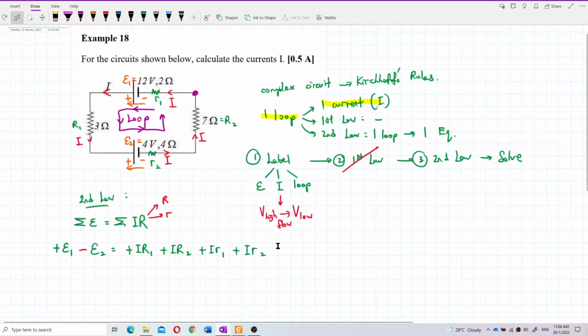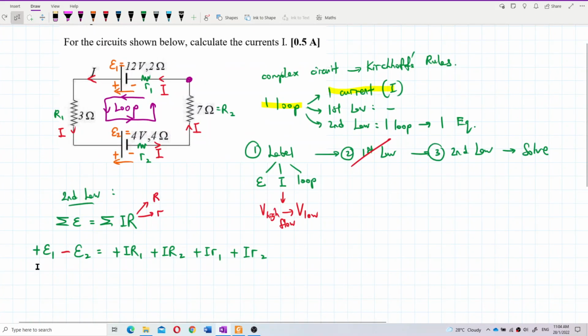Understand? Okay, that's all for this equation we have built already. Now we just substitute the values. E1 is 12 volt, and E2 is 4 volt. And then you look at this: all this current is the same current passing through all the resistors, isn't it?